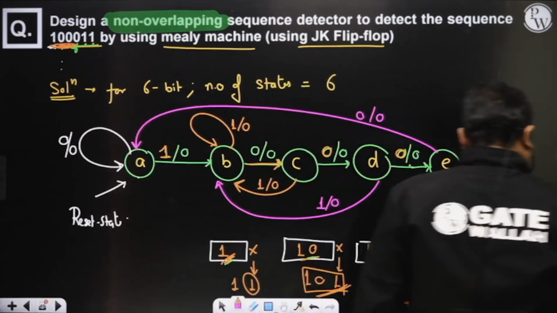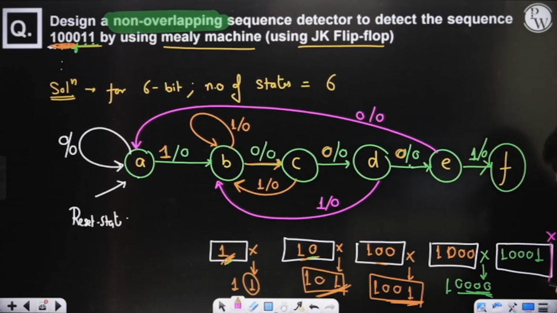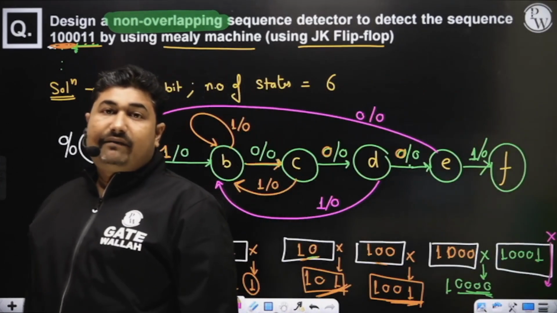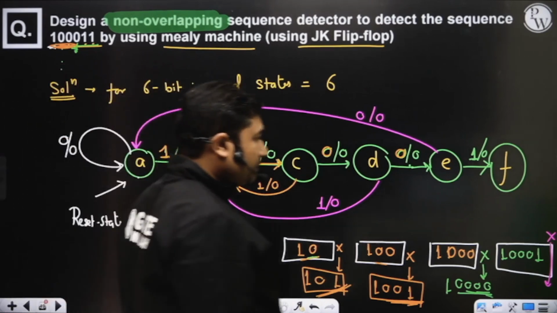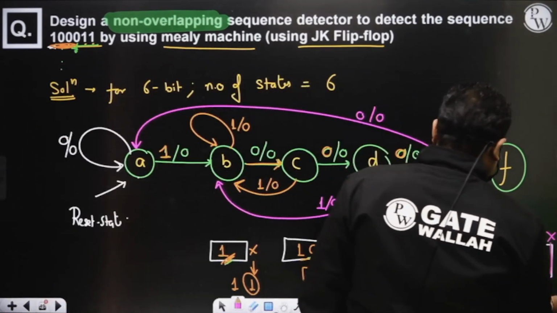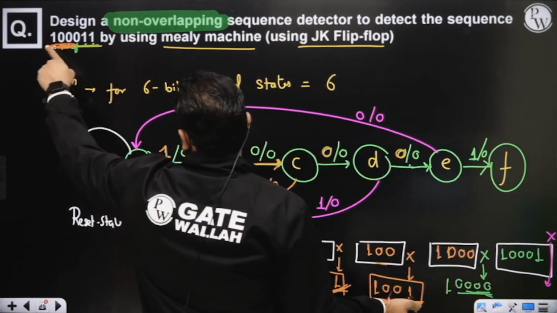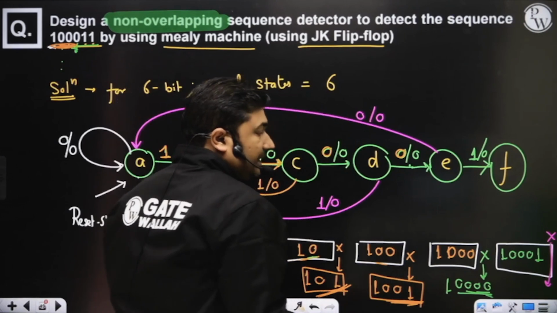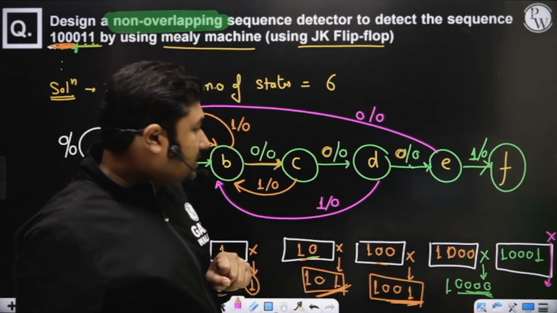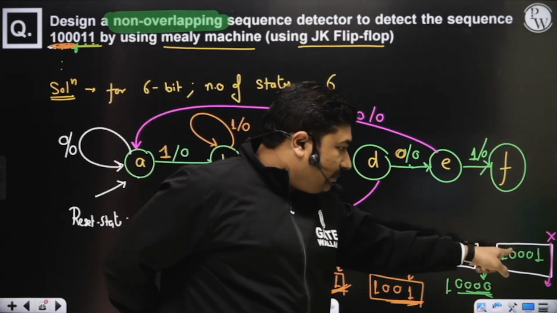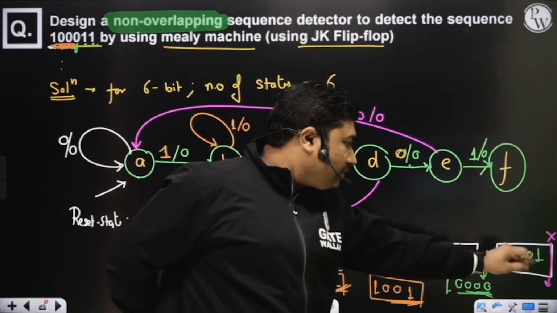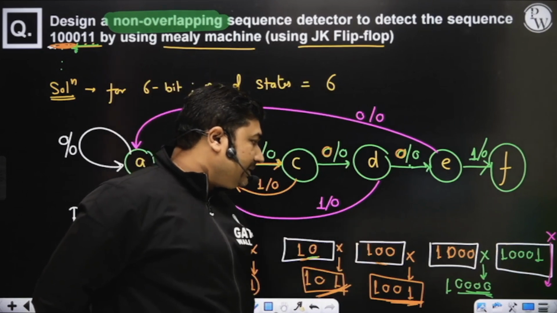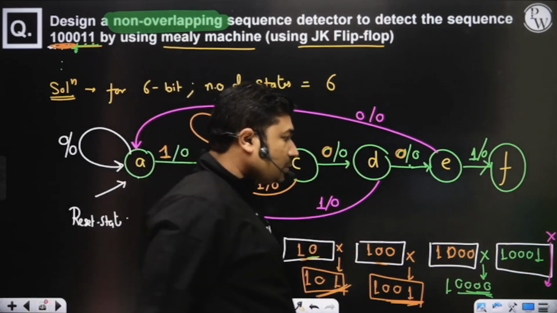Again observe here x. In case x is equal to 0, the sequence does not get detected. If the sequence is not detected, then compare the last 4 bits with the 4-bit state, then compare the last 3 bits with the 3-bit state, then compare the last 2 bits with the 2-bit state.